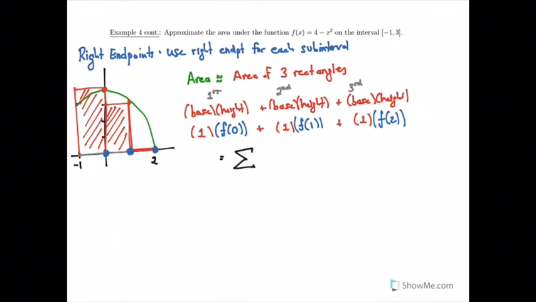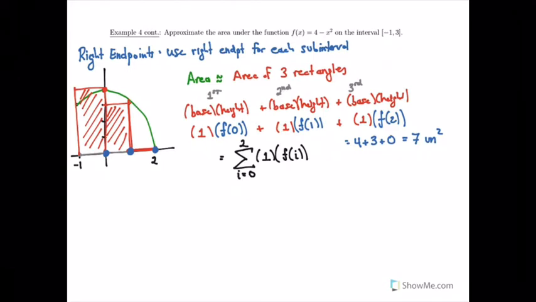This would be the sum of 1 times f of i from i equals 0 to 2 would be another way to write that sum. In this case, 1 times anything is just the anything, so this is going to give us a 4 plus 3 plus 0 would give us a 7 units squared.